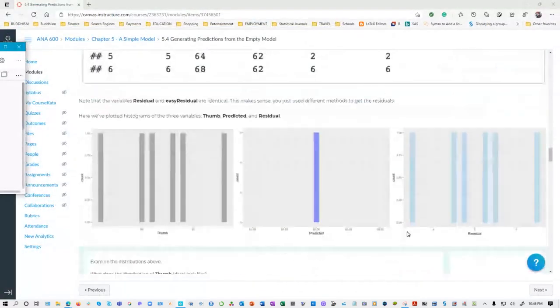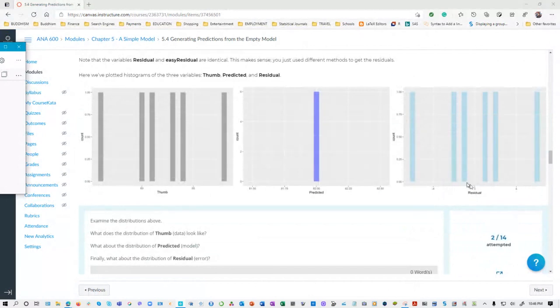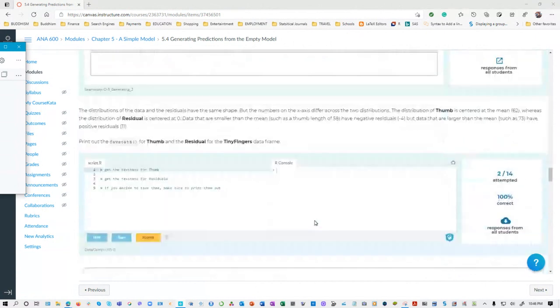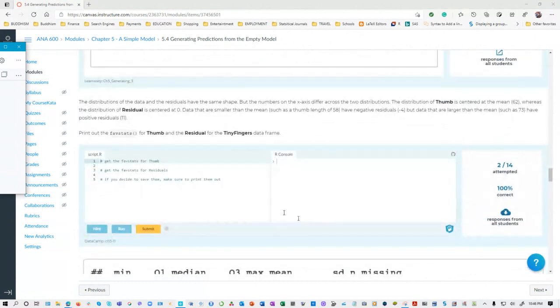That's what you can see here: you can draw the histogram for residual, and it balances. Even over here, if you draw the 62, it balances. That's the predicted value as well. Here, 0. That's the key part. Shape-wise, they are both the same.